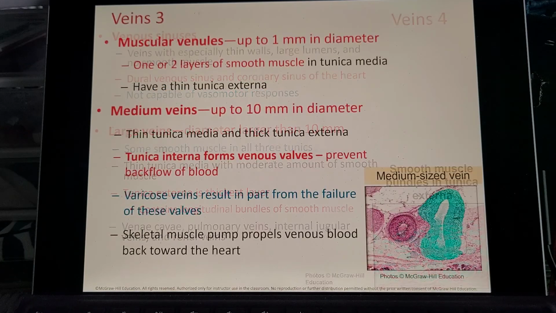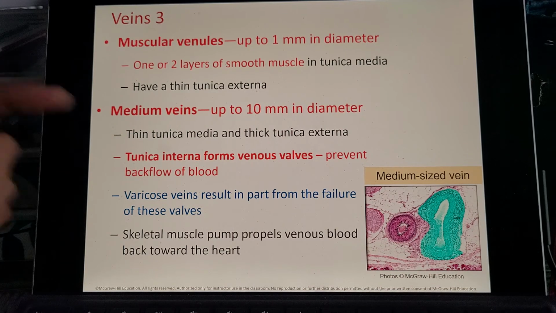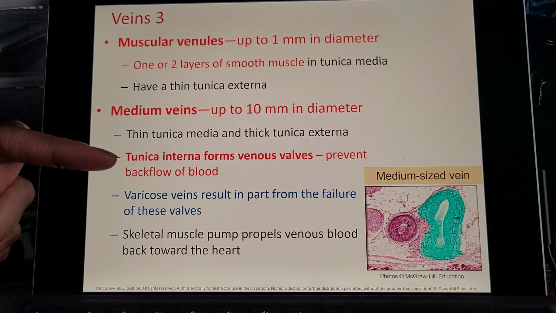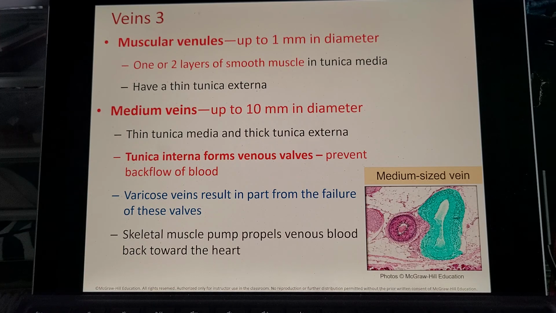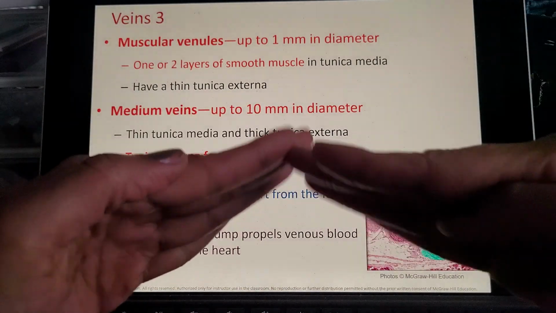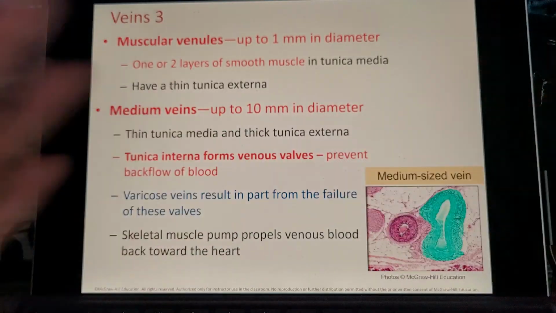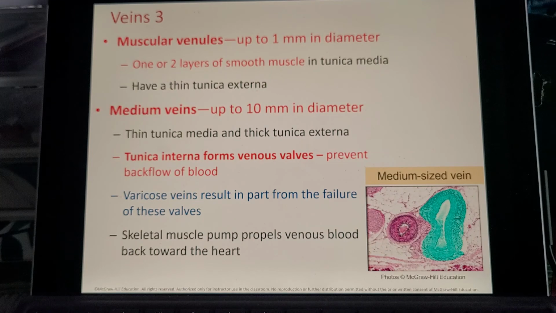In the medium-sized veins, that's where we have these valves, and they prevent the backflow of blood. That helps to keep the blood going in one direction. Once the blood has been pushed past those valves, like a saloon door, it stays in that next section.